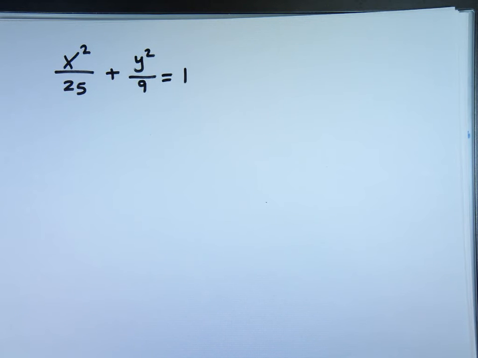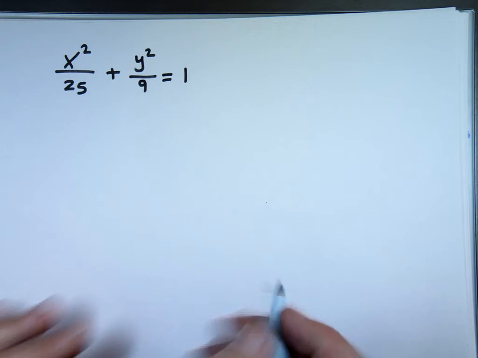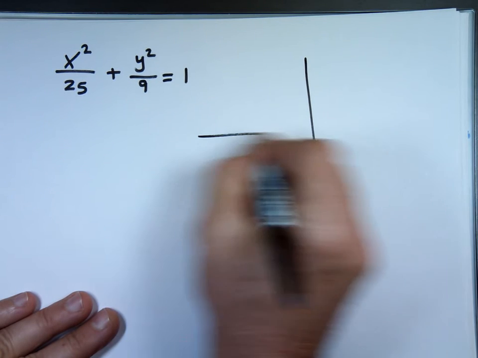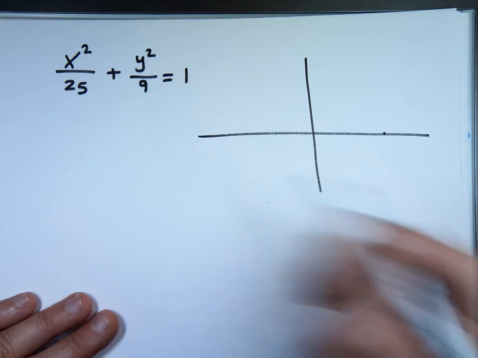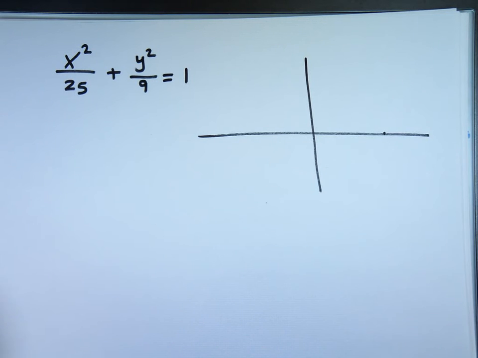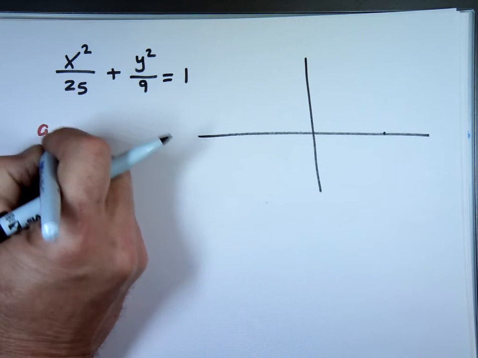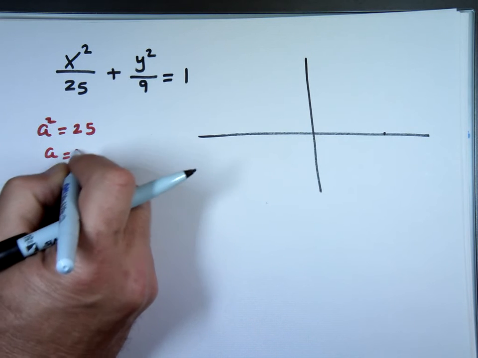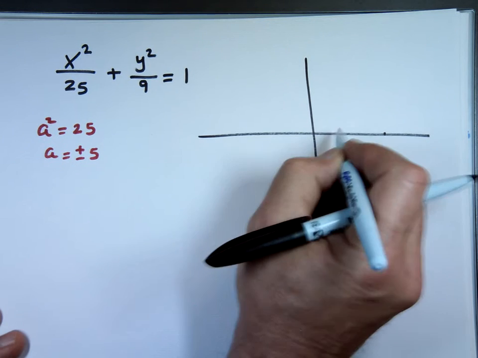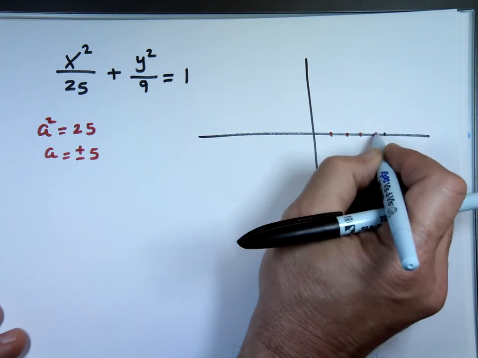Why the x-axis? The bigger number, exactly. So the graph should look like, well, let's pinpoint it. That means a squared is equal to what? 25. A equals plus or minus 5. 1, 2, 3, 4, 5.